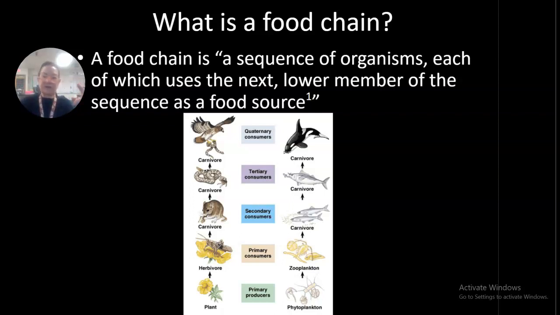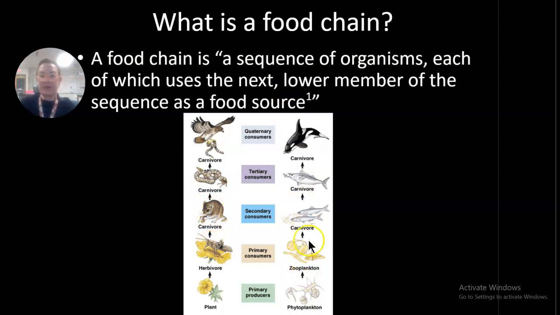The next level is my secondary consumers or my carnivores because they are going to eat the organisms from below. In the first example, it is the grasshopper. So this rat is going to eat a grasshopper.